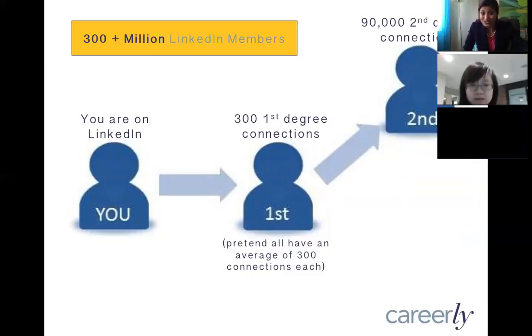Now those 100 each have another 100, or each of them have 200. That becomes the important part of your network. So when you connect to a professor, you are essentially getting access to that professor's entire network, right? Because you can actually see who they're connected to.